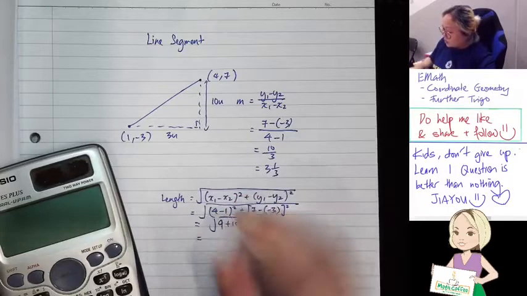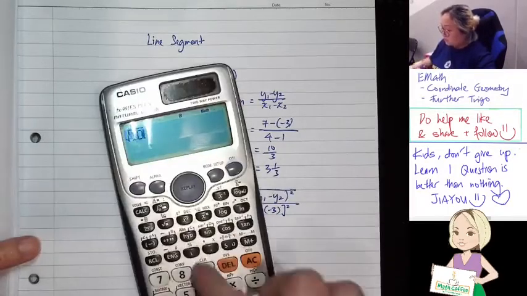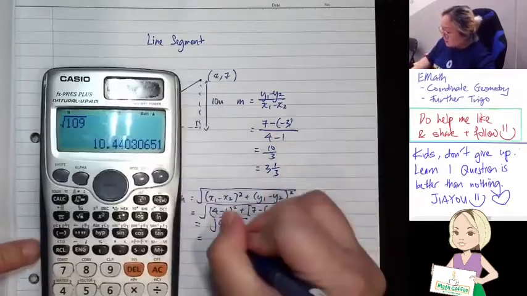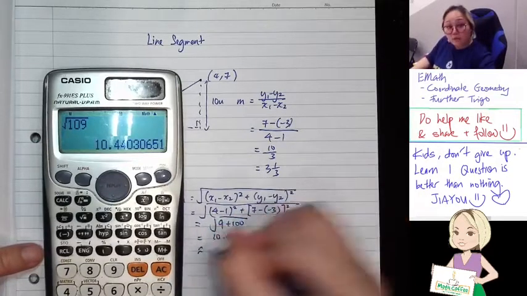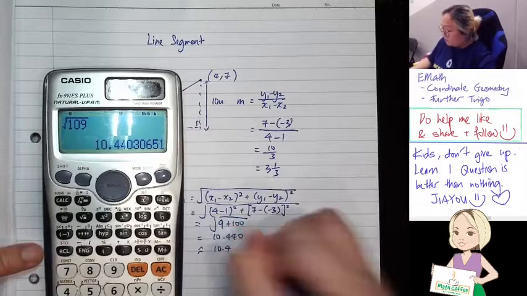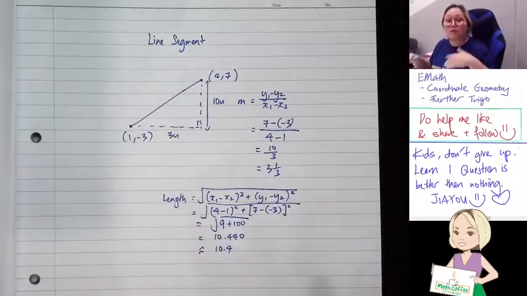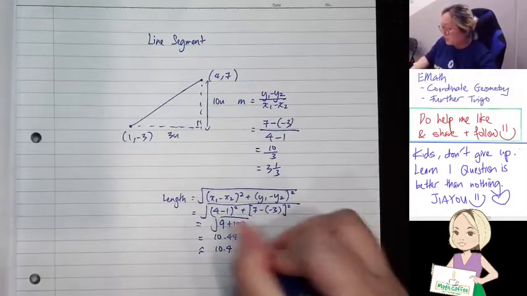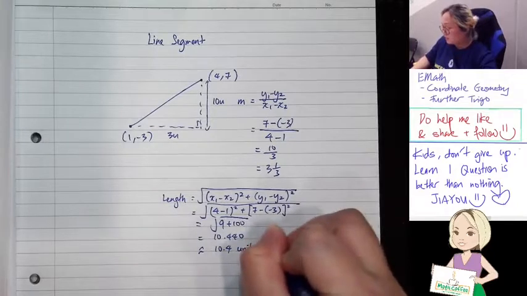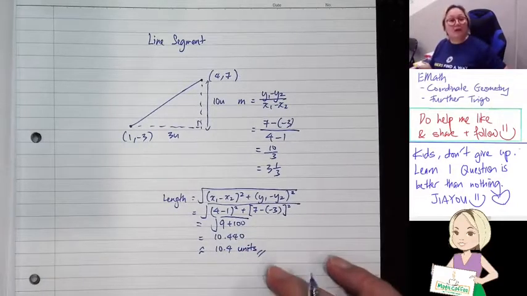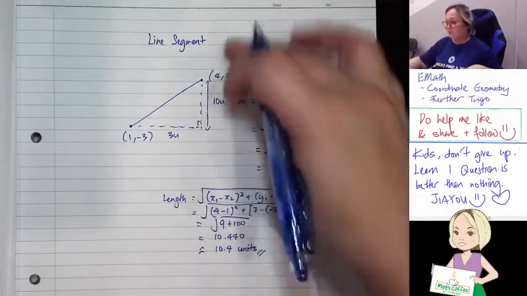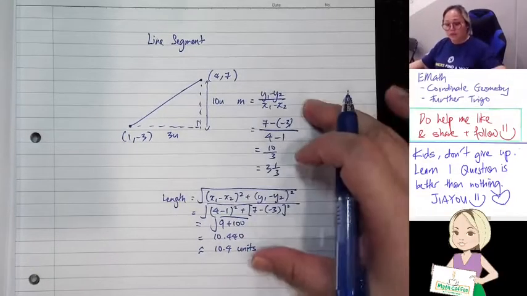So square root of 109 gives us 10.440. Round it off to 3 significant figures, you will get 10.4. For coordinate geometry, there's no cm or meter. You will say this is units. So this is the length of a line segment.